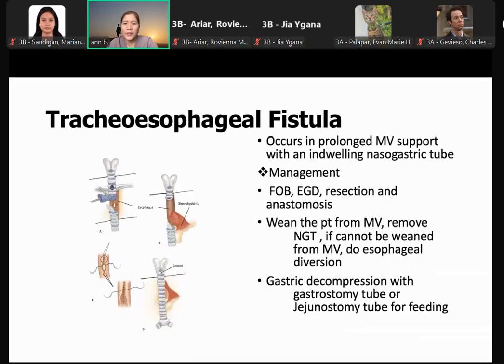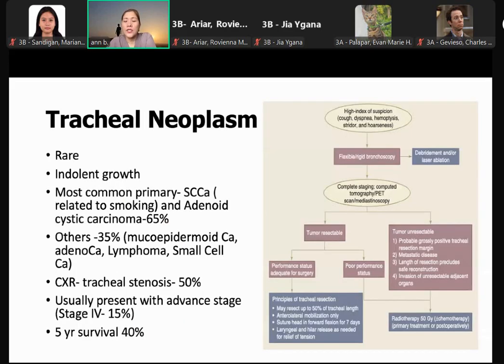You first need to wean the patient from the mechanical ventilator and remove the NGT. If the patient cannot be weaned, do esophageal diversion, or do a gastrostomy to divert the food supplements. So gastric decompression, gastrostomy tube, or jejunostomy tube for feeding.